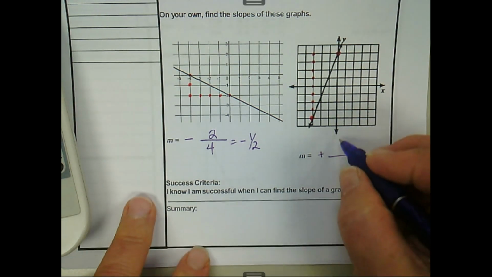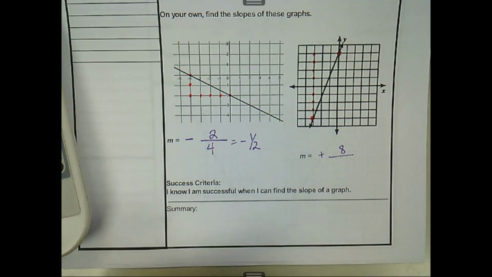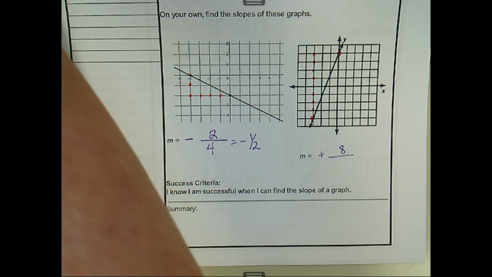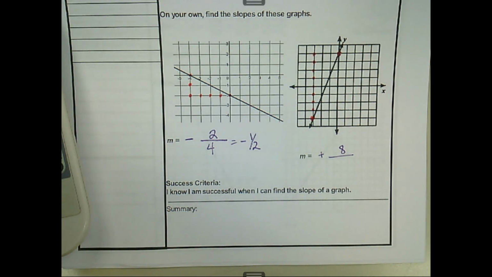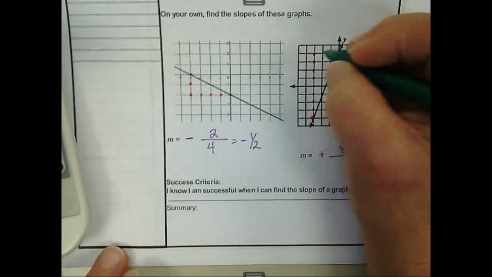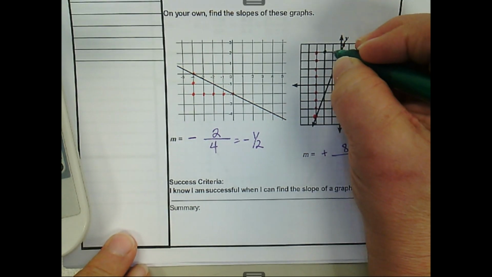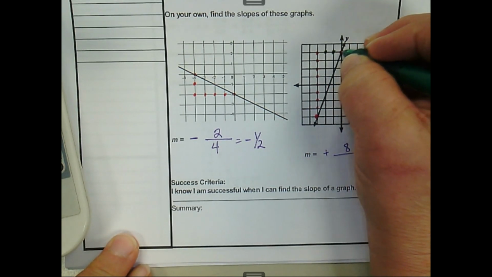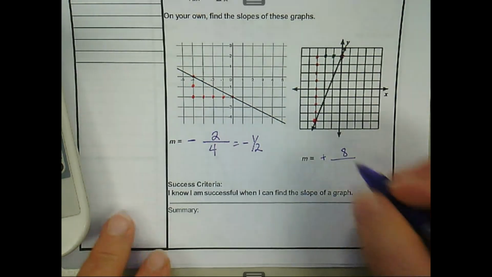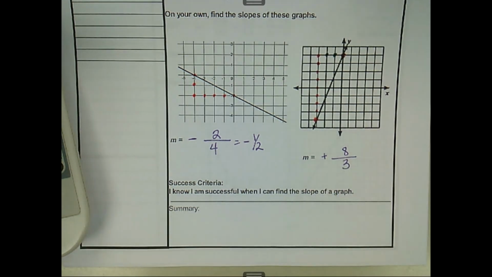So I'm going up 8. And I am going right 1, 2, 3. So I go up 8, I go right 3. So my slope is 8 over 3.